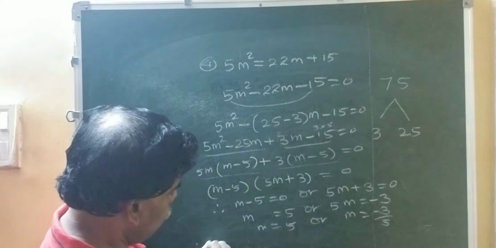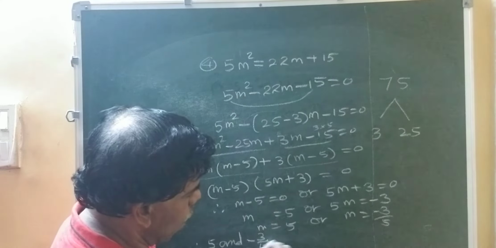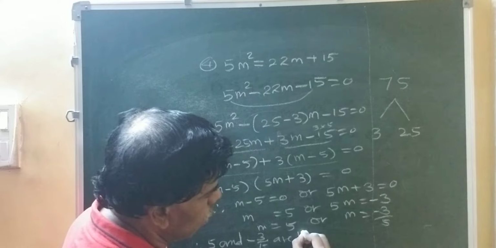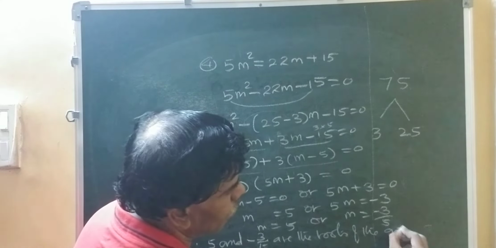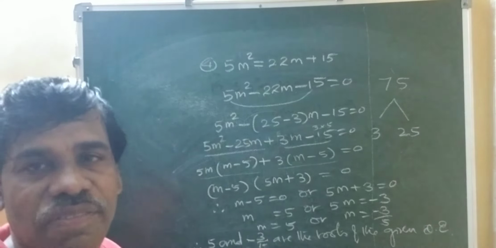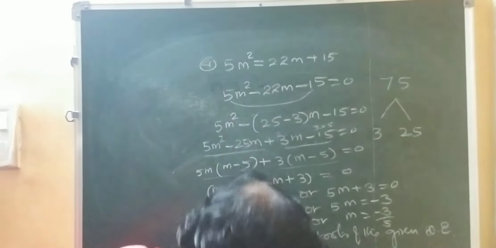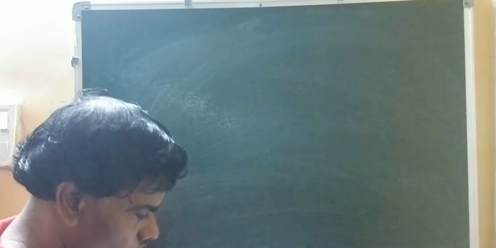Therefore 5 and minus 3 upon 5 are the roots of the given quadratic equation. Followed? Now, we'll do it quickly because these are all very simple sums only, which we need not worry about. Now we'll see the fifth sum.